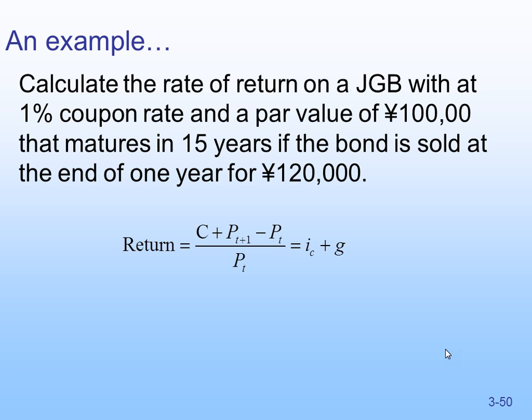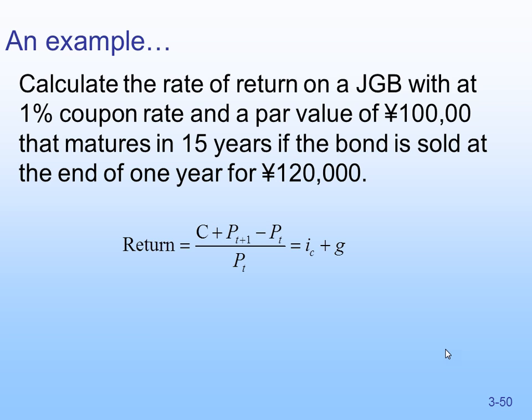All right, so try this. Calculate the rate of return on a JGB with, again, a 1% coupon rate. Again, a par value of 100,000 yen. It matures in 15 years, but now I put in a change.